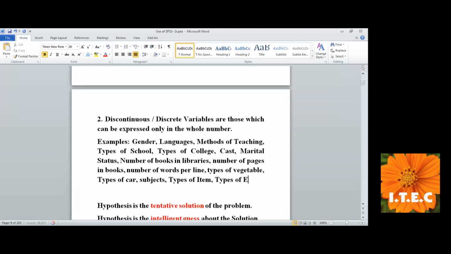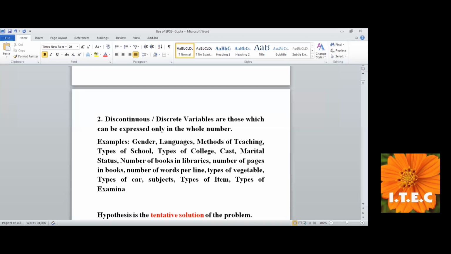Types of examination. So like this, you will find that there are many variables which are continuous and some variables which are discontinuous.